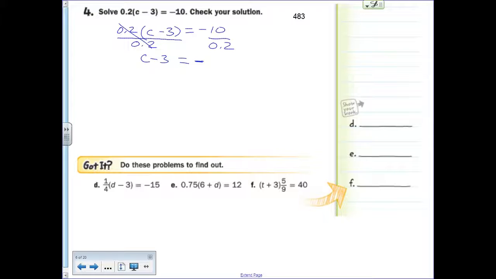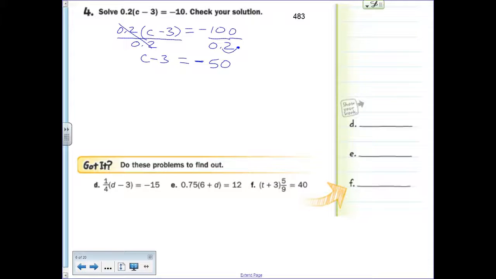And then I could pull out my handy dandy calculator and put the 10 in the calculator first and divide it by 0.2. And that's going to get you your answer. Or you can just recognize that you can move this over one spot and add a 0 to the top. And 100 divided by 2 equals 50. So c minus 3 equals negative 50.